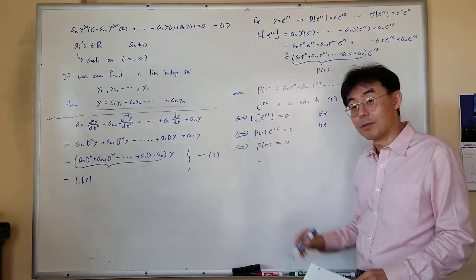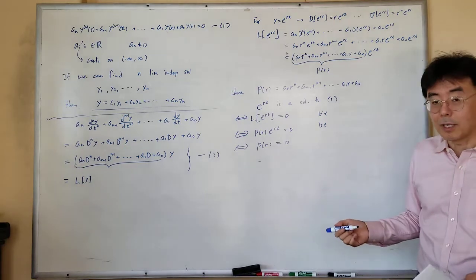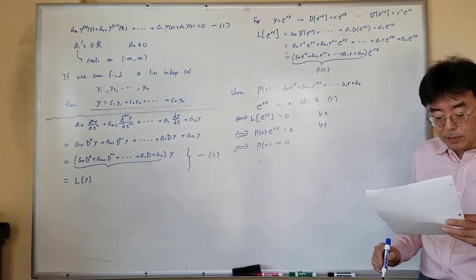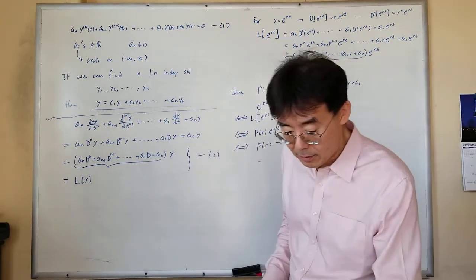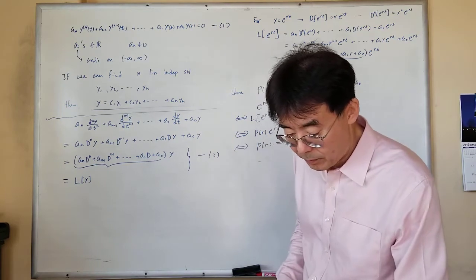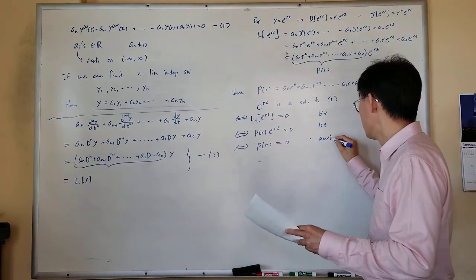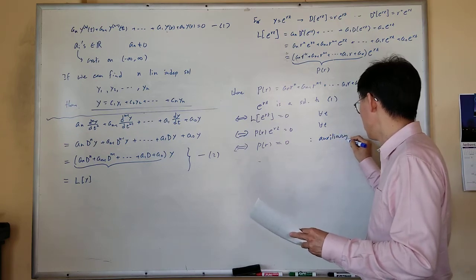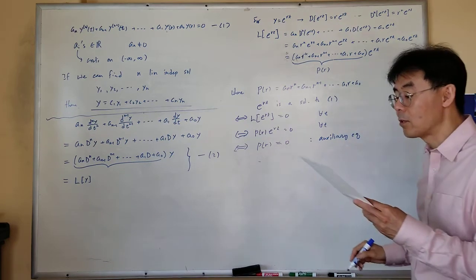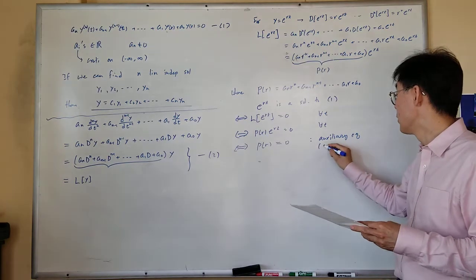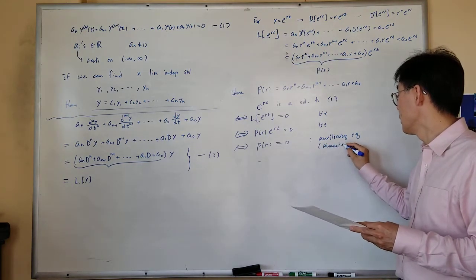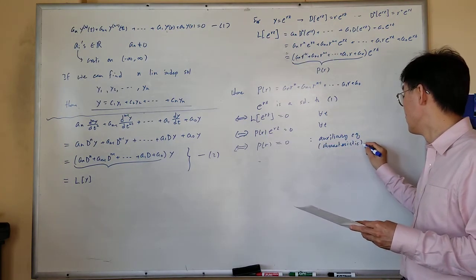Just like the second order case, this is called the auxiliary equation or characteristic equation.